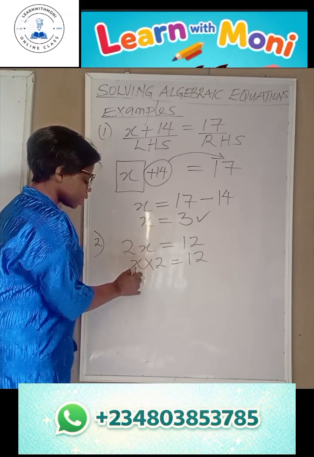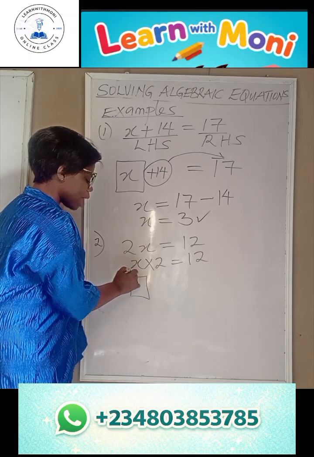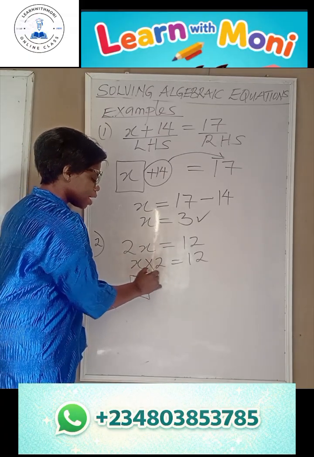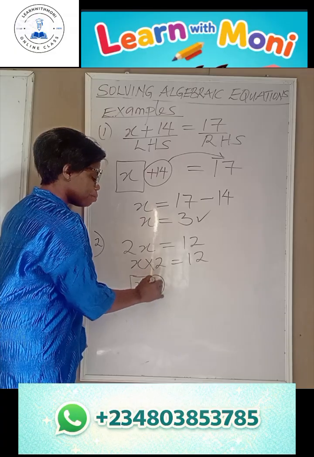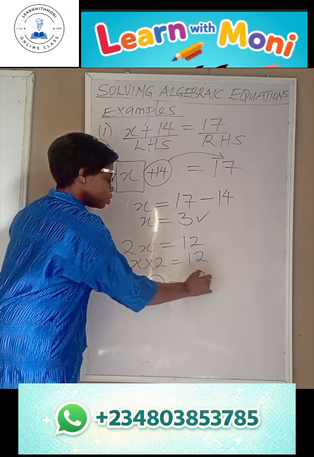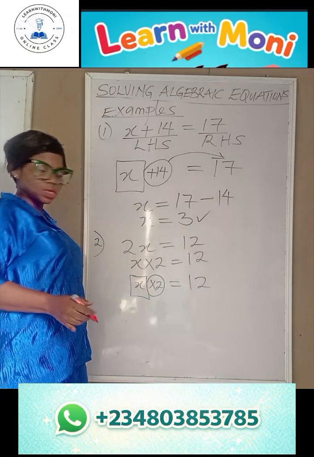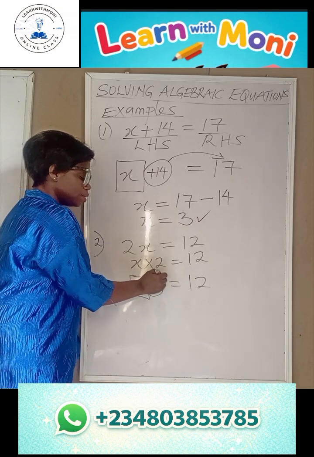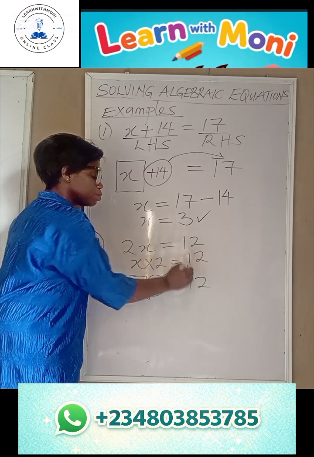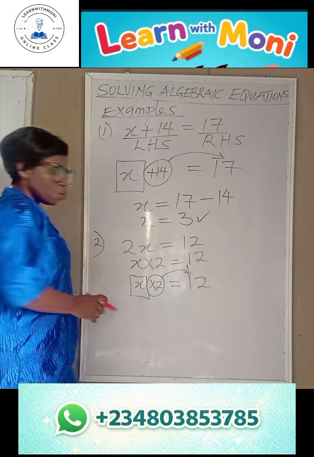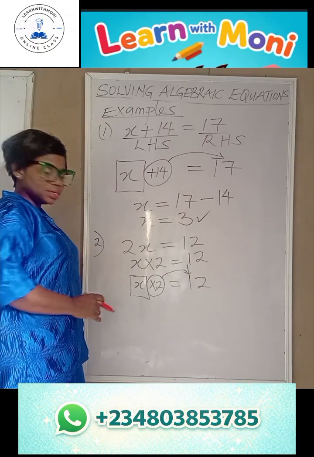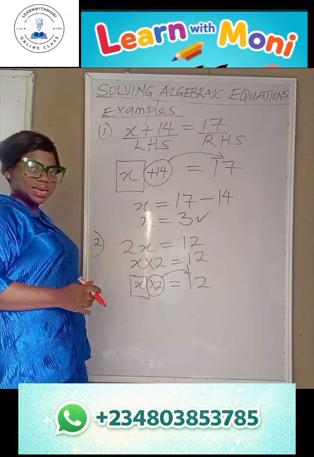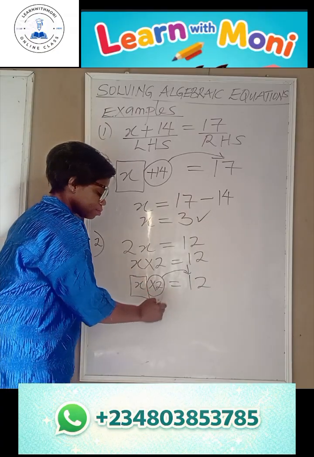So I want to represent my x as a bar of magnet, my times 2 as an iron ball or a metal ball on the same side with my x. For me to reach my x, this metal ball has to go to the other side. When it moves to the other side, the only thing left on my left hand side is x.